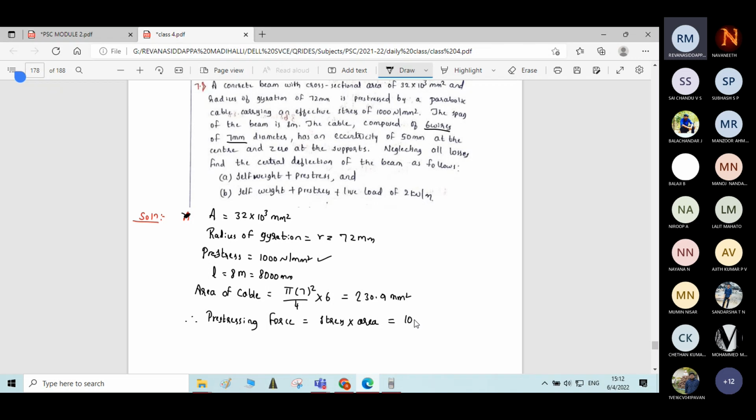Pre-stress is 1000, area is 230.9. Therefore, the answer is 230.9 into 10 power 3 Newton. This is P.